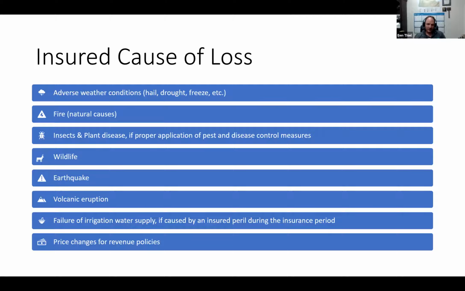Some perils have subcategories of perils, such as adverse weather, which can include drought, flood, and freeze. Fire is listed, but that is only coverage for naturally occurring fire, where the ignition source is natural, say lightning.